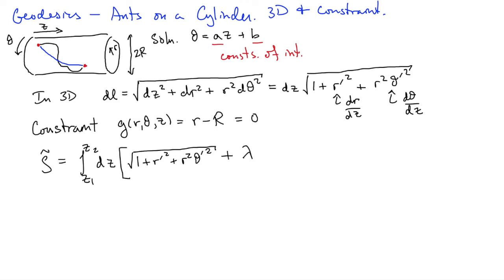And now this Lagrange multiplier has got to be true everywhere. Our constraint is no longer an integral constraint, but our constraint is true at all points along the cylinder, at all values of z. So our constraint, true everywhere, can be a function of z. So I'm going to write that as a lowercase lambda, just to remind ourselves that that's true everywhere, and lambda can be a function of z. Okay, so here's our modified functional. It depends upon r of z and theta of z, and now lambda of z.